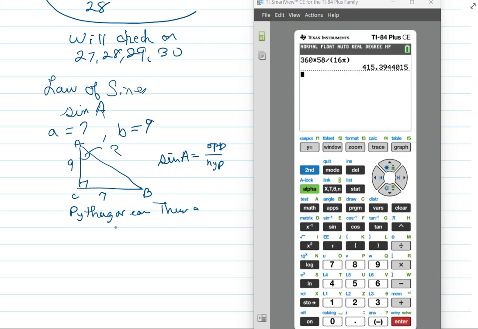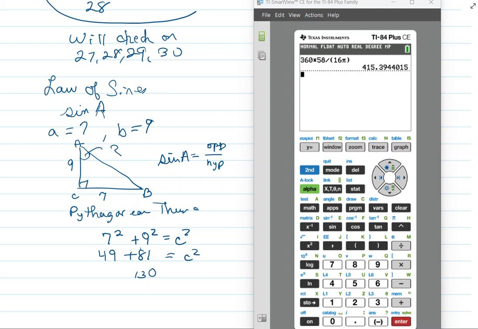So it's 7 squared plus 9 squared equals C squared. Sorry about that. 49 and 81. So this here is 130, right? 10, carry the 1 is 9, 130.